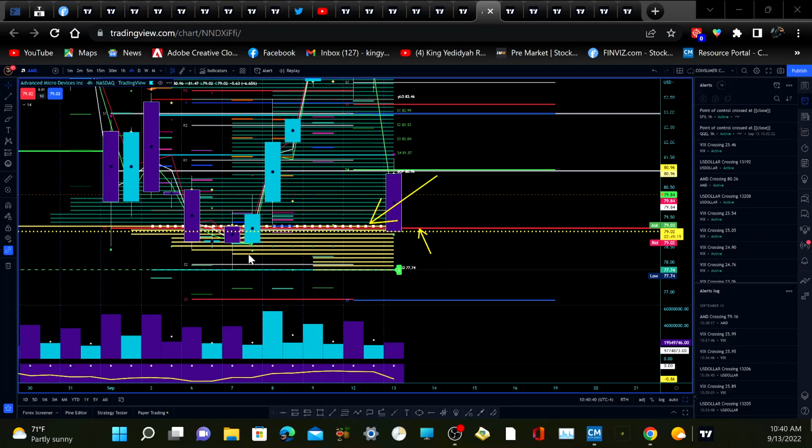The next level to consider is if we could come down to around 78.73. Maybe we might start getting some support around 78.73 or 78.62 at the bottom of these candles right here.